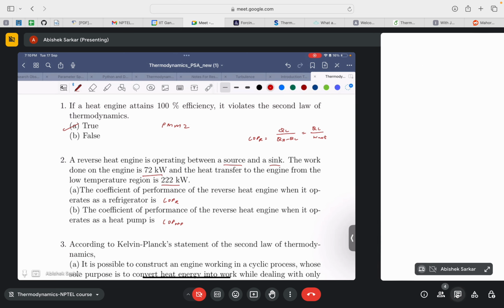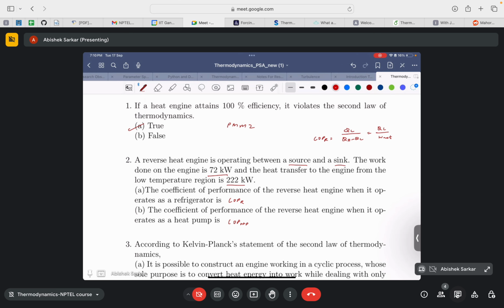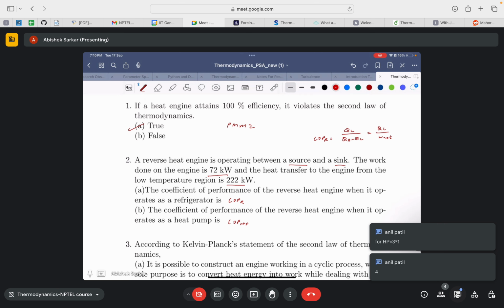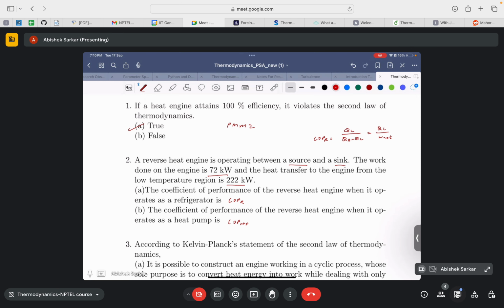Okay. What about the COP of the heat pump? Yes, exactly. Thank you. So the answers are correct. You basically just need QL, because QL is given, and this is equal to W, which is 72.